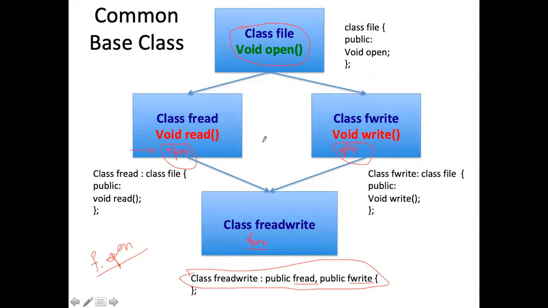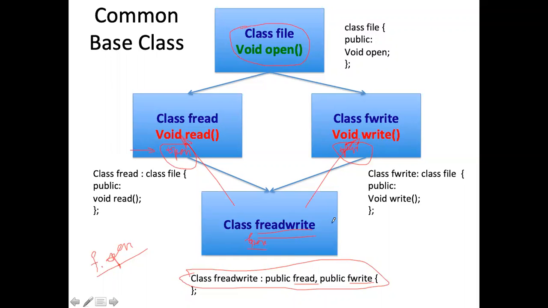So I still can't give a direct call to open through an instance of freadWrite. I can't do that, because the compiler will get confused whether to execute this instance or that instance, since you have two instances of open here again.